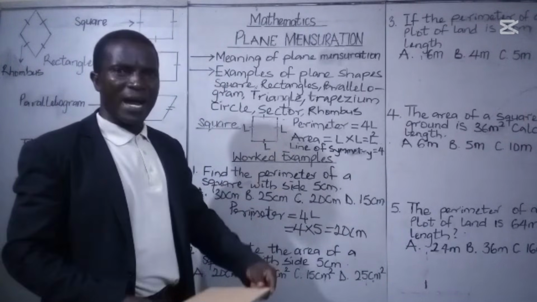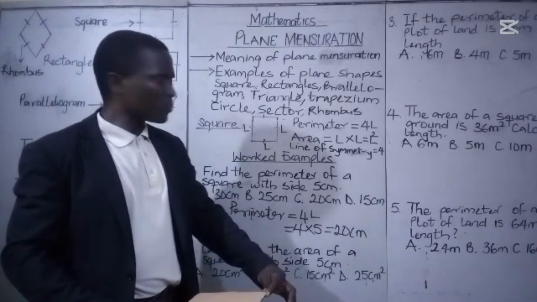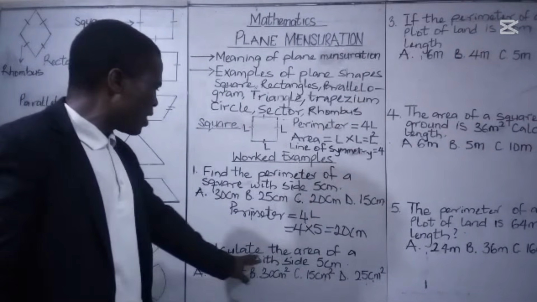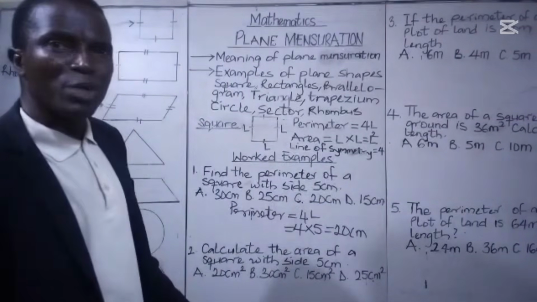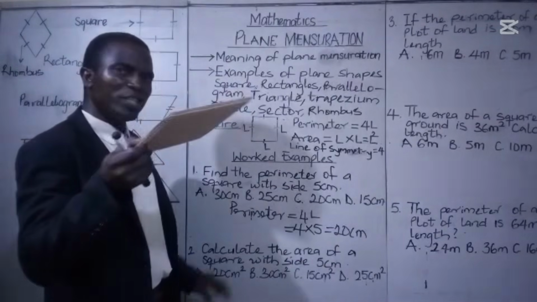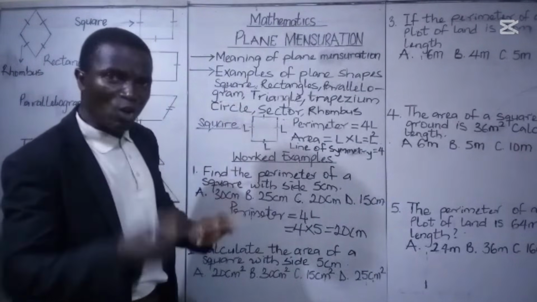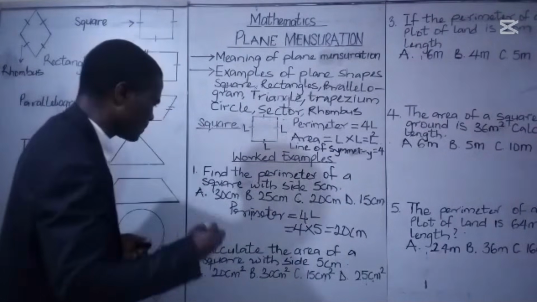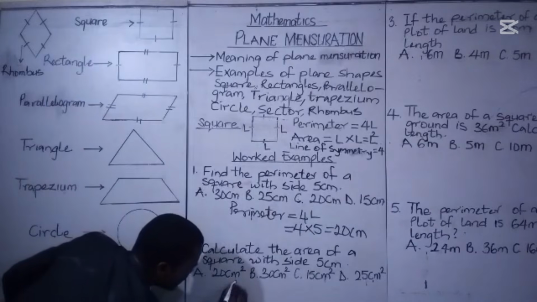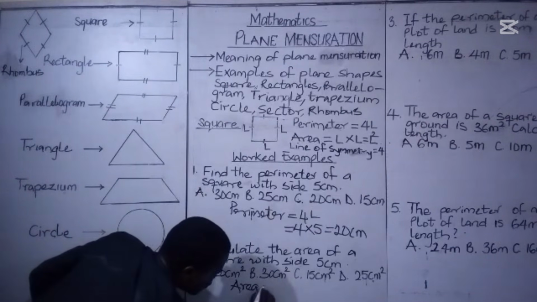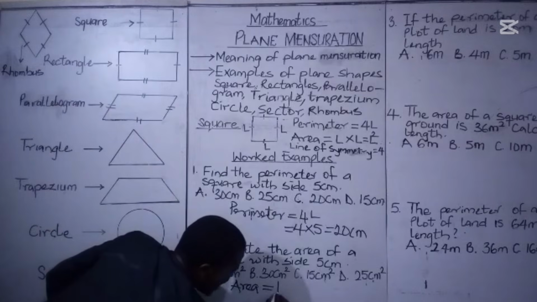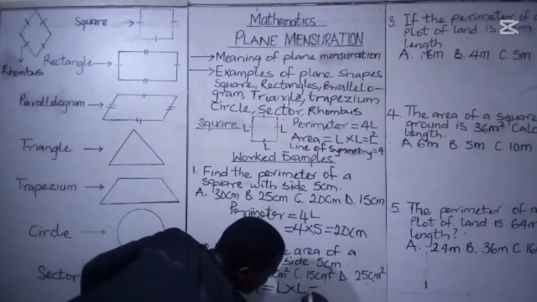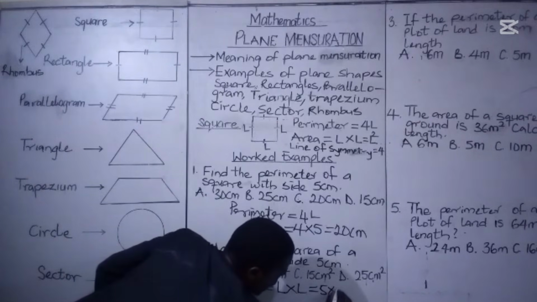If you want to know the space occupied by this square having side 5 centimeters, we say area is equal to length times length, and that gives us 5 times 5.